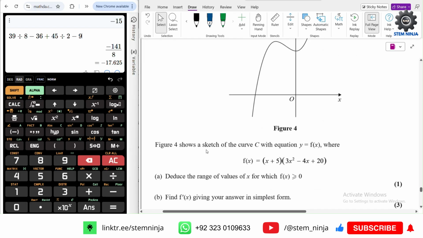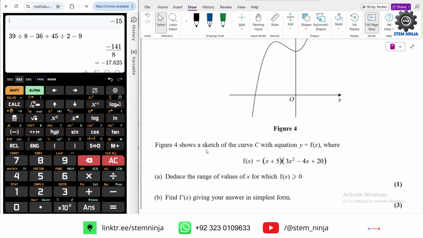Figure 4 shows a sketch of the curve C with equation y is equal to f of x, where f of x is x plus 5 times 3x squared minus 4x plus 20. Okay. Deduce the range of values of x for which f of x is greater than or equal to 0. So basically this is the part. So this is the minus 5.